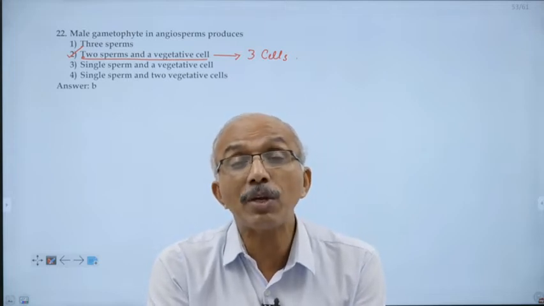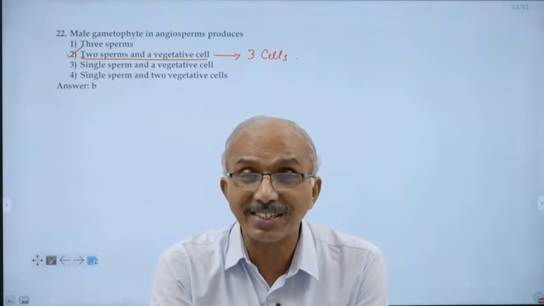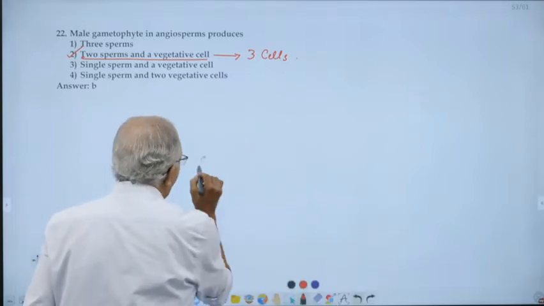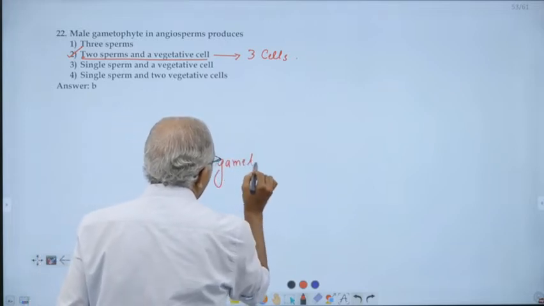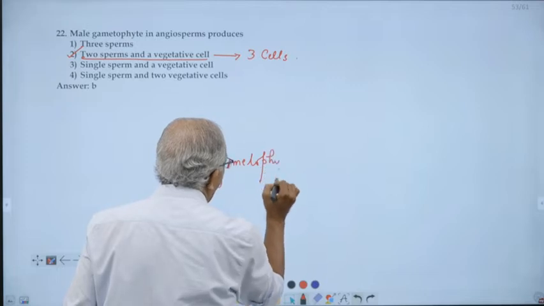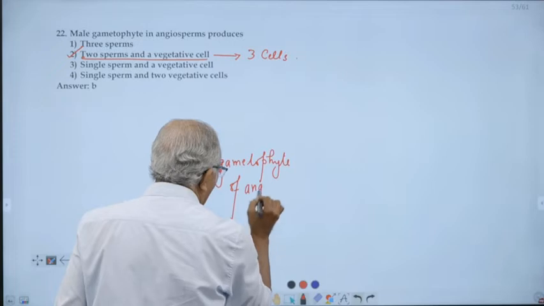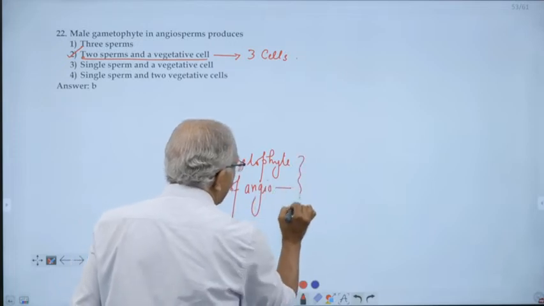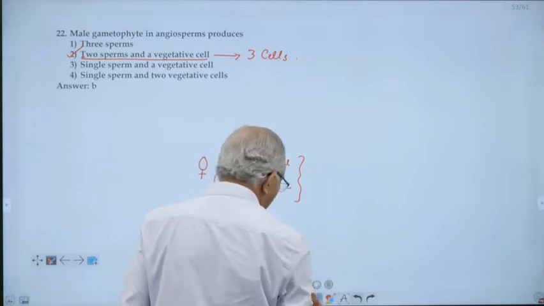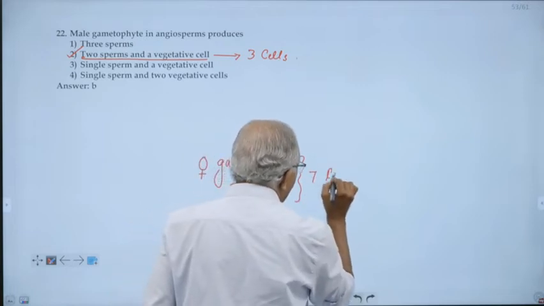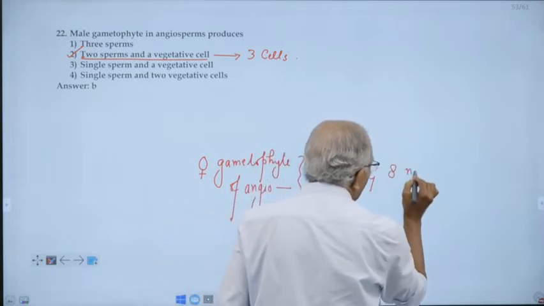But the female gametophyte of angiosperm consists of 7 cells and 8 nuclei.